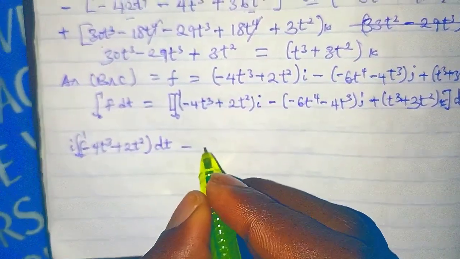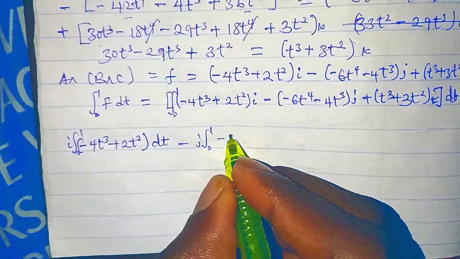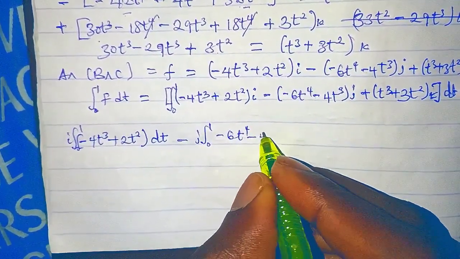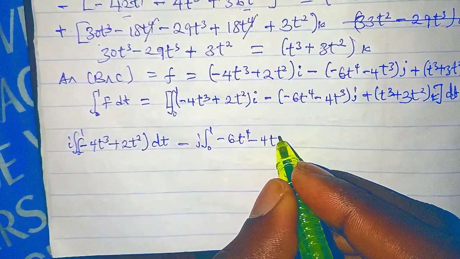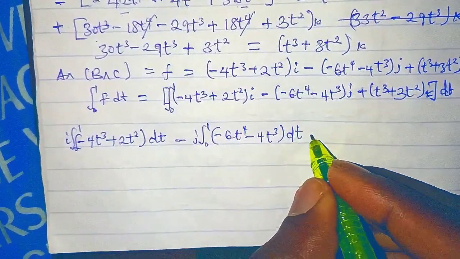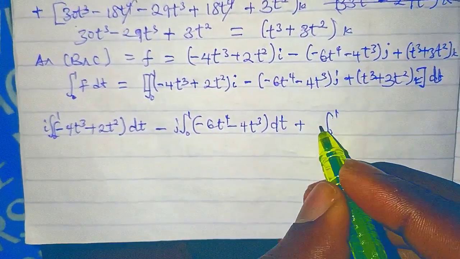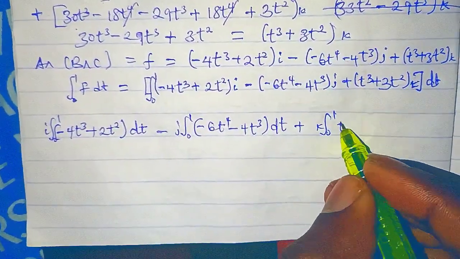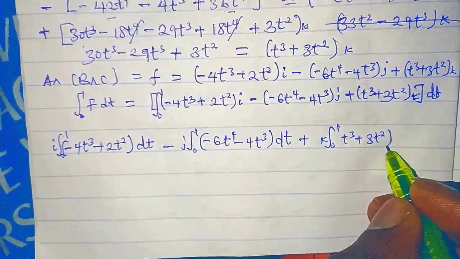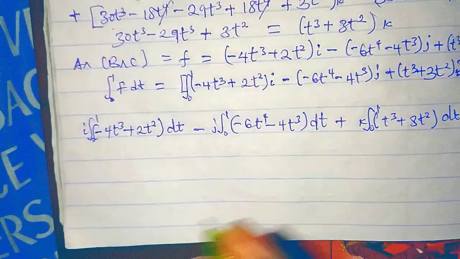Then this will be minus j times the integral from 0 to 1 of minus 6t to the fourth power minus 4t to the third power dt, and this will be k times the integral from 0 to 1 of t cubed plus 3t squared dt. Good, so we can now integrate this.